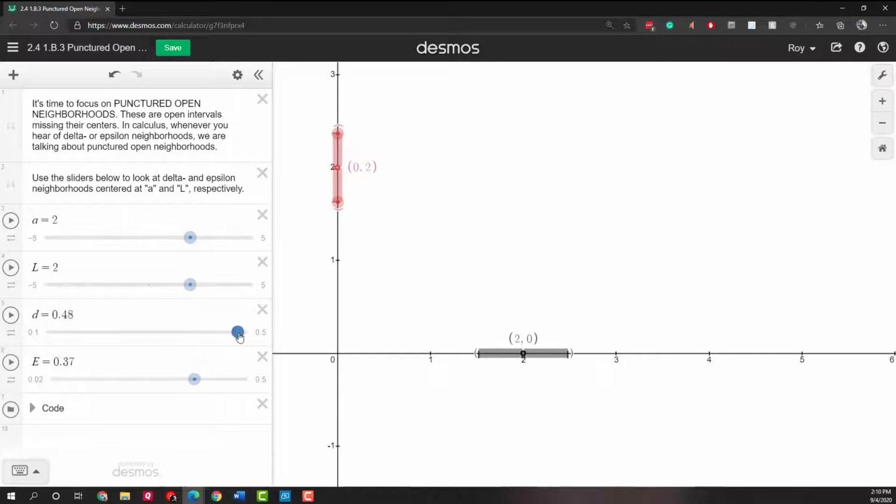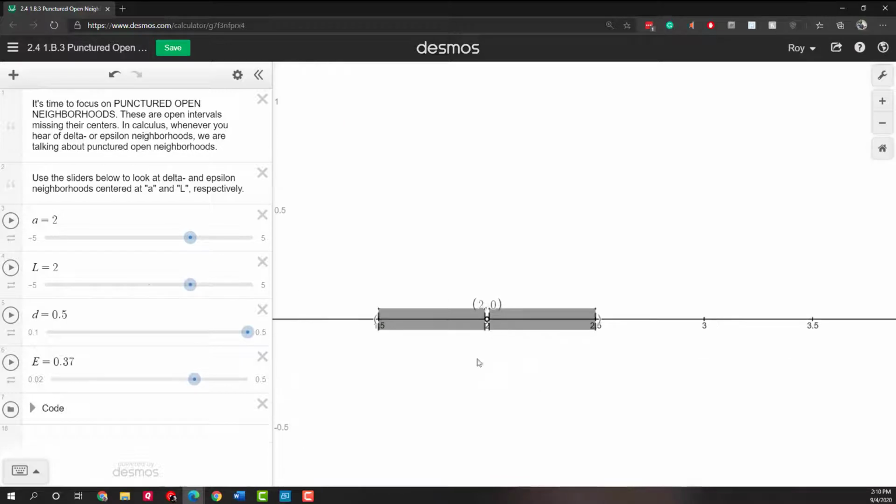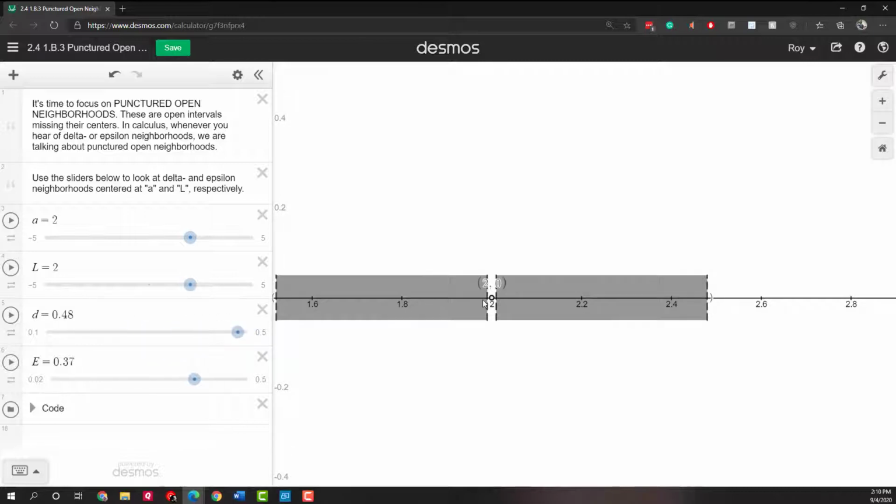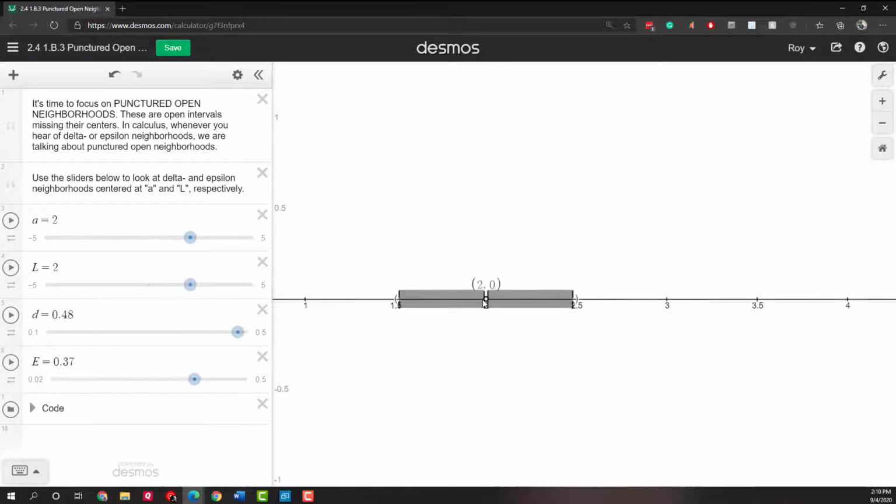You can see that if I increase delta, well, there you go. The neighborhood increases. Or I could decrease the delta to decrease the delta neighborhood around our center of 2. Also note, I tried my best to put parentheses on that neighborhood so that you know that that is an open neighborhood. Also note, I put an open hole in the center of that neighborhood because, again, neighborhoods in calculus do not include their centers.